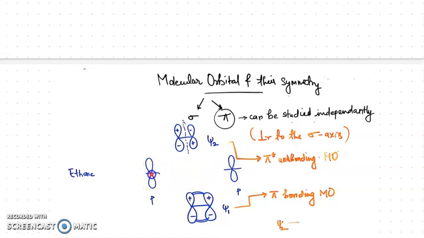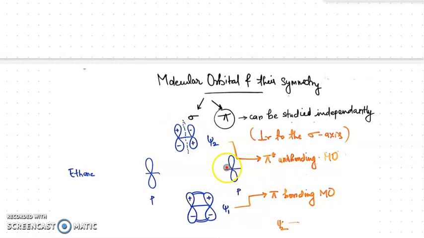When two atomic orbitals combine, they give rise to two molecular orbitals: one bonding and one corresponding anti-bonding. Since we are talking about the overlap between unhybridized p orbitals, we are talking only about pi bonds. Bonding means the in-phase orbitals overlap sideways, leading to a bonding pi molecular orbital. However, the one in which the phase signs are different leads to an anti-bonding pi molecular orbital.